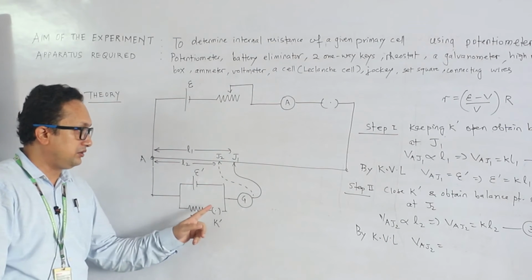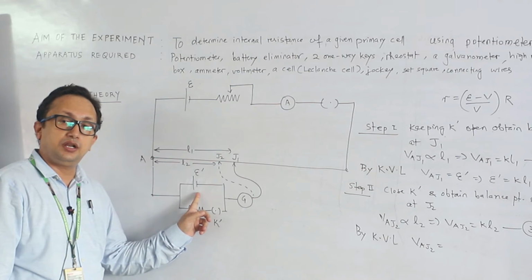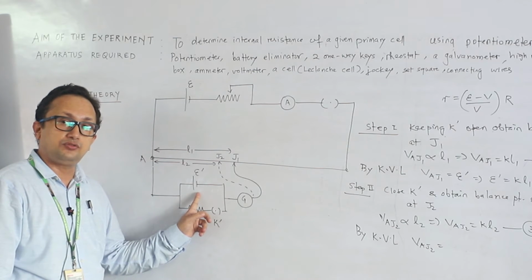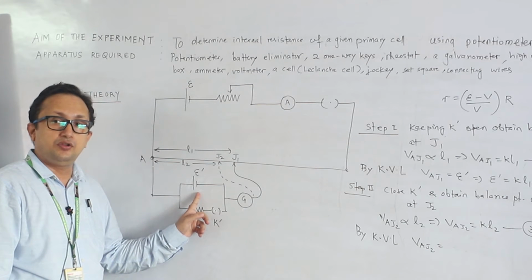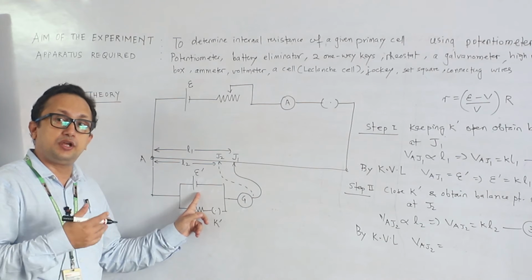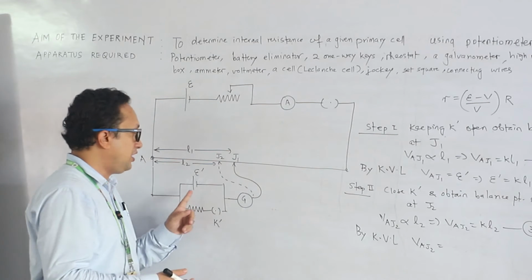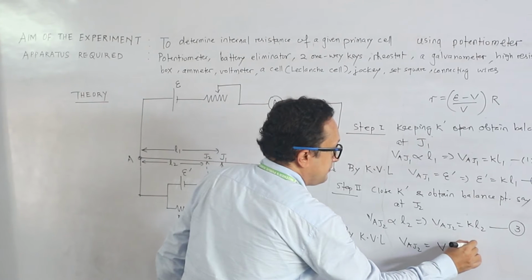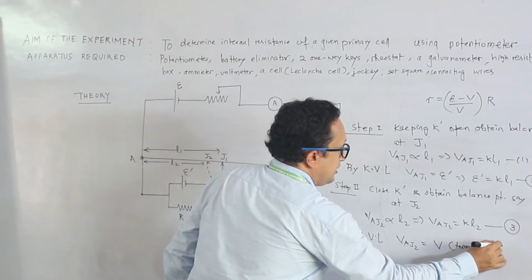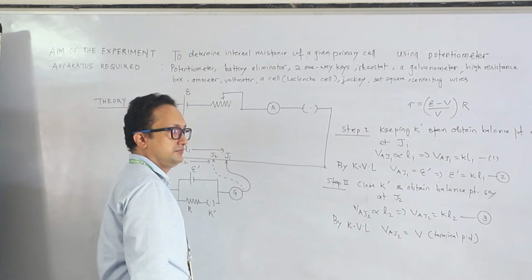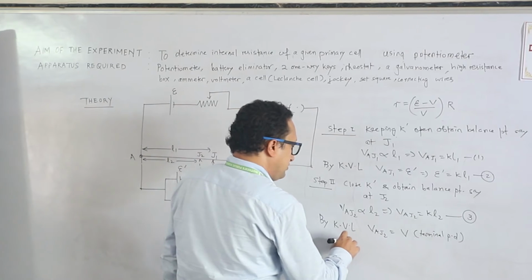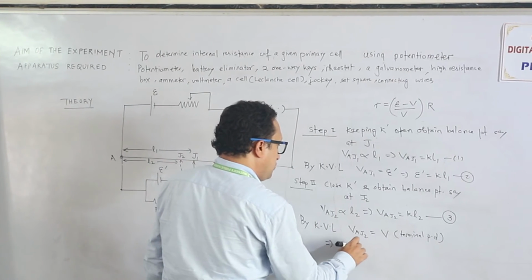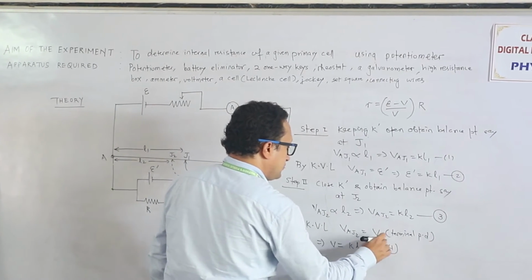Be careful. Now there is a current flowing through the battery. When a current is flowing through the battery and the circuit is closed, the potential difference is not the EMF, it is the terminal potential difference. So instead of E prime, I will write V, the terminal potential difference. That essentially means V is equal to K L2.